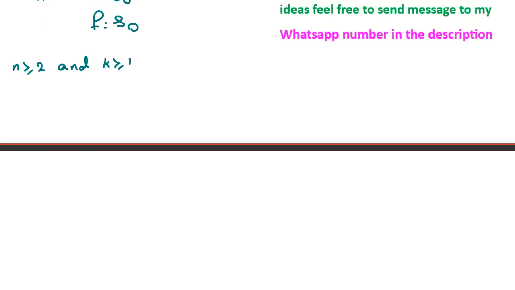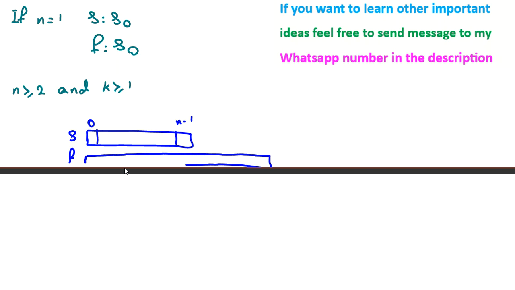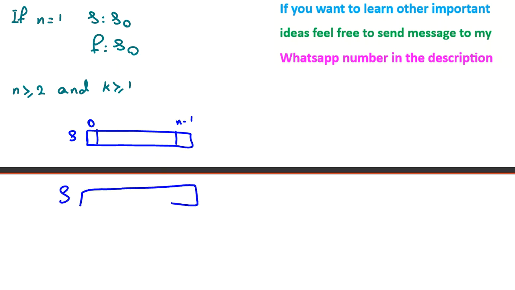Now if I want to explain this part completely, I say, okay, let's consider our first string is this, 0 to n minus 1. And suppose our function or output is from what? Let me write it here as 0 to n minus 1. And f is what?